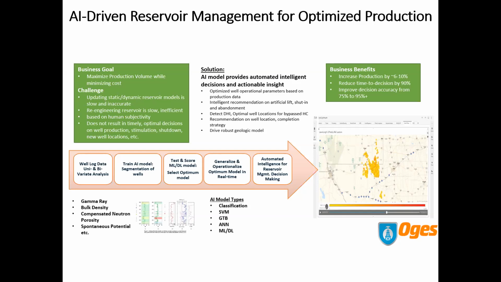And so in this case, what we're looking at here is a set of sequences of understanding which well log data to bring in, based off of the fact that we're trying to automate a process to address a business problem.